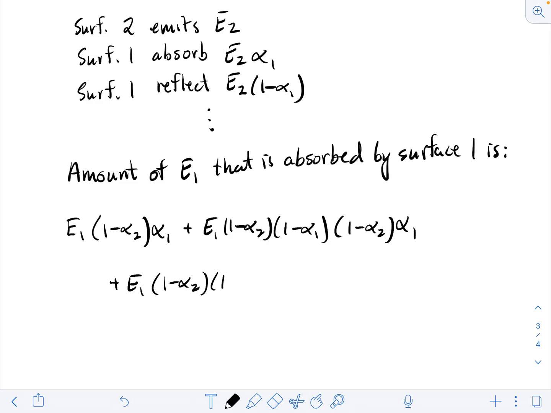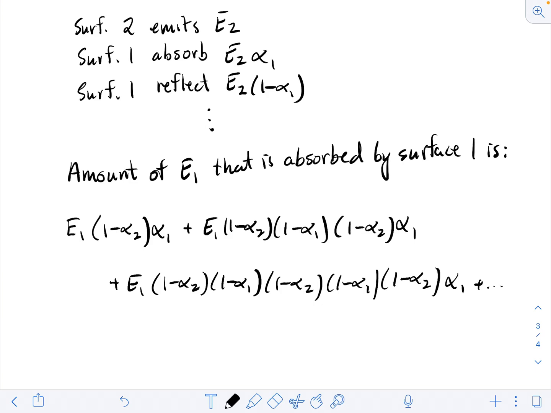If we drew the next term, it would be E1, and then the amount reflected from 2, the amount reflected from 1, the amount reflected from 2, the amount reflected from 1, the amount reflected from 2, and then the amount absorbed by 1.